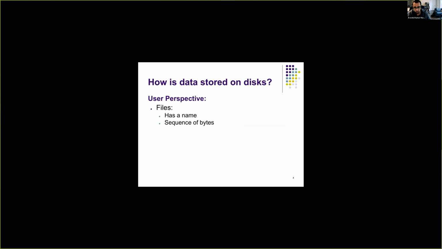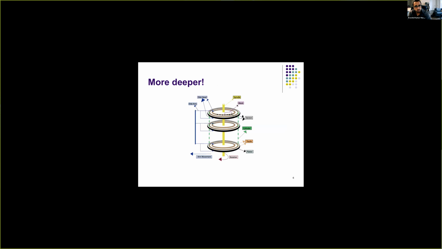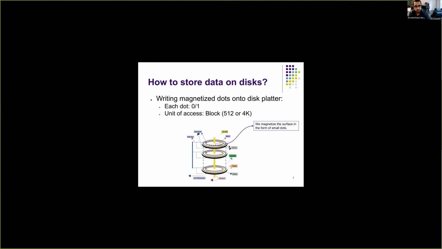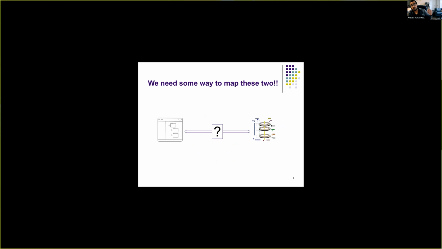From the user's perspective, we just store files on a disk. We do store directories, but at the bottom, we just have files. Files have names and a sequence of bytes. So we need a mechanism to convert files to the magnetic dots on the disk. This is what the file system does.